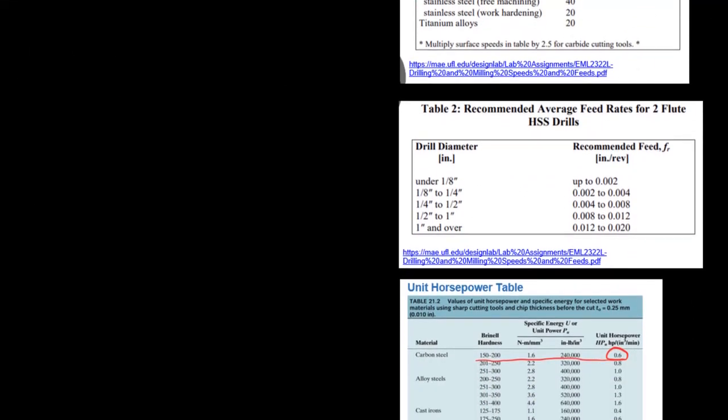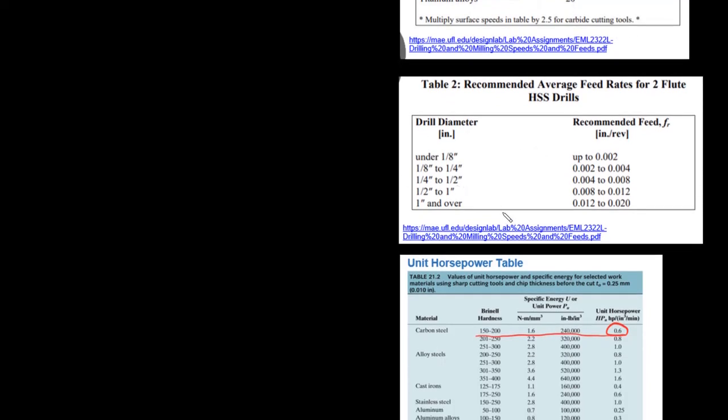And so why is that? It's because our recommended feed rate has changed now. So we're between a quarter inch and a half inch at 0.453, certainly.